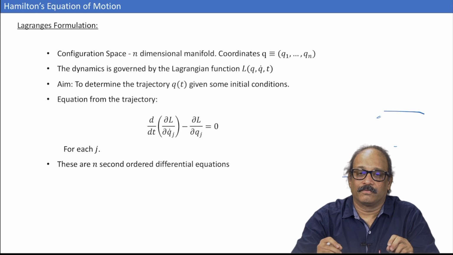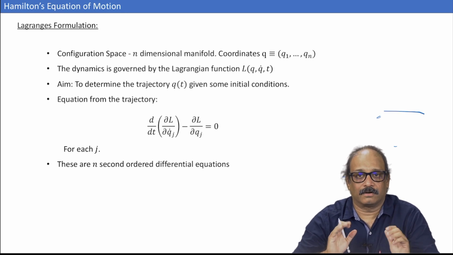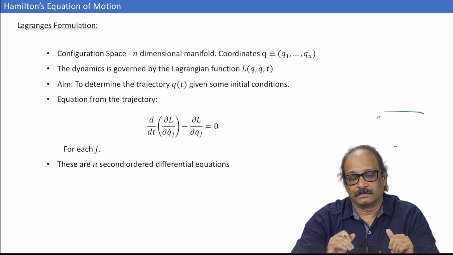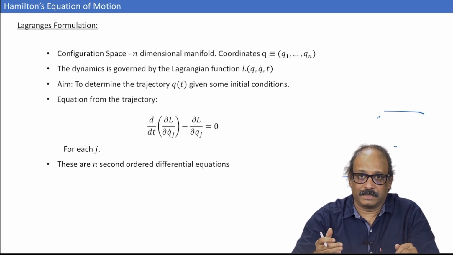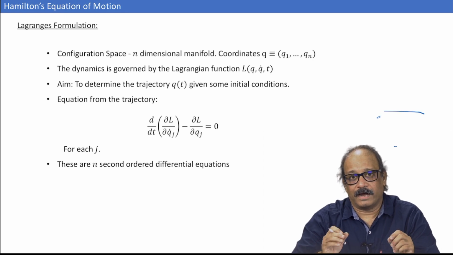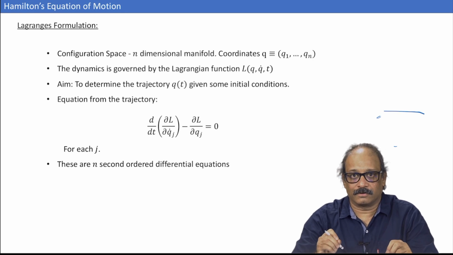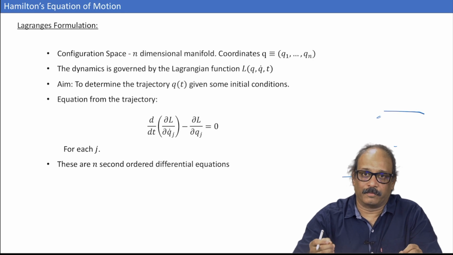Okay. Now, what we want to do is thus: this description happens in the configuration space. Now, in the last week we introduced the notion of phase space. Remember, the phase space is 2 n dimensional space, and the n coordinates are same as the n generalized coordinates, and the remaining n coordinates were the generalized momenta.